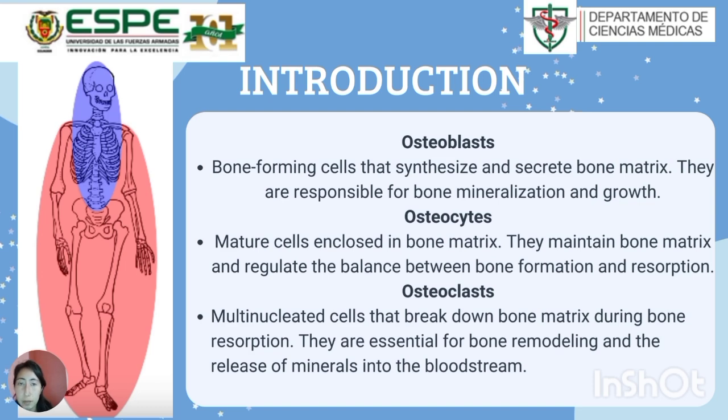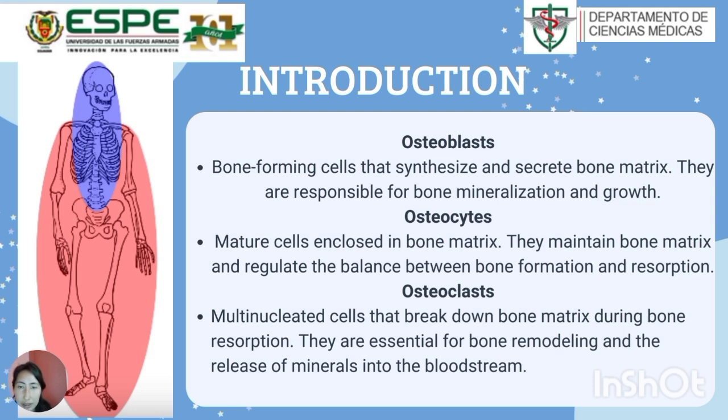As the bone matures, osteoblasts become osteocytes, which are mature cells embedded within the bone matrix. These osteocytes are responsible for maintaining the bone matrix and regulating the balance between bone formation and resorption.